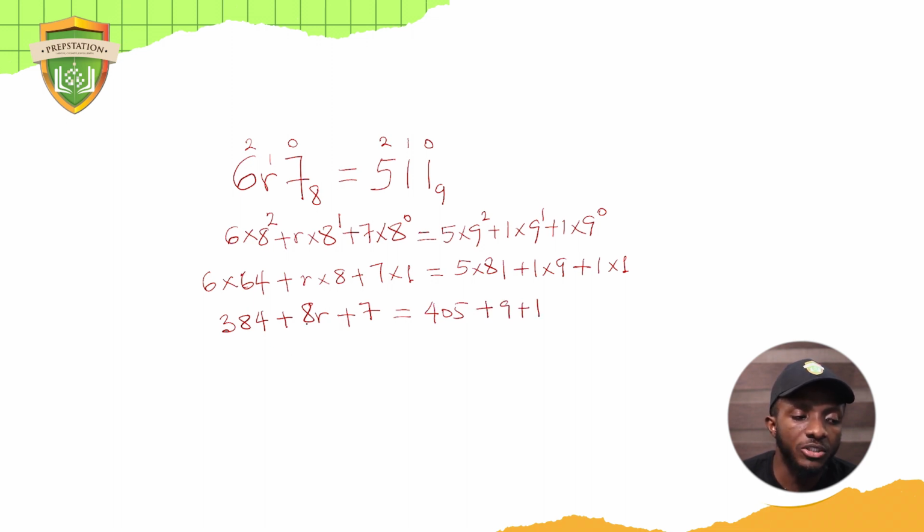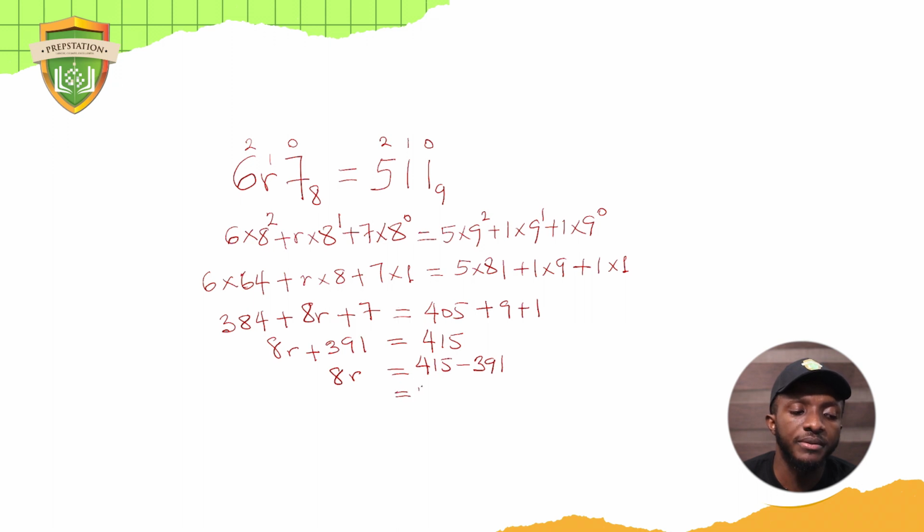Now, if you add these two, we have 8R plus 391 equals 415. That's just simple mathematics. So simple addition. 8r is 415 minus 391. Now, we're taking this over here, so it becomes minus.